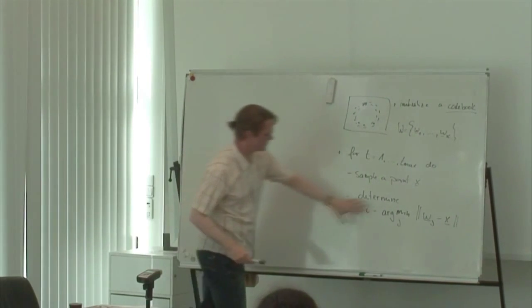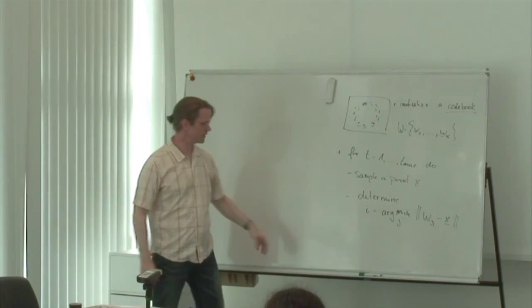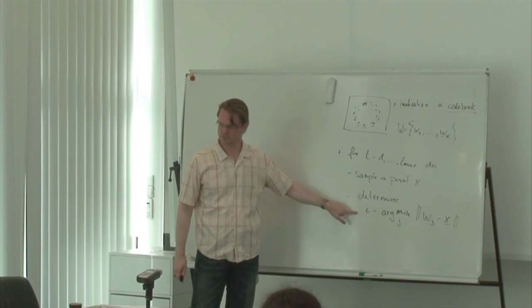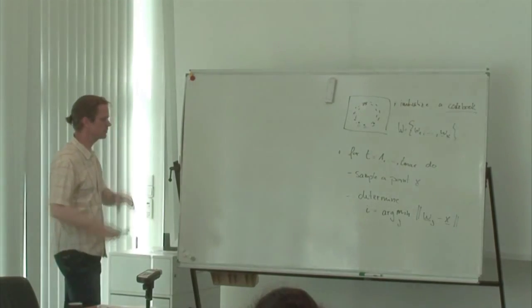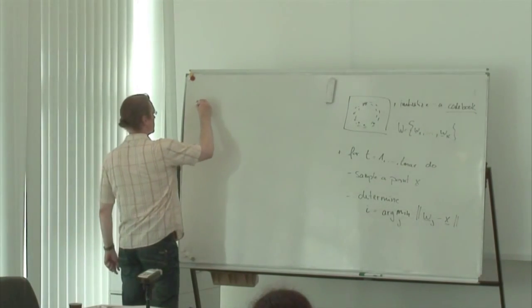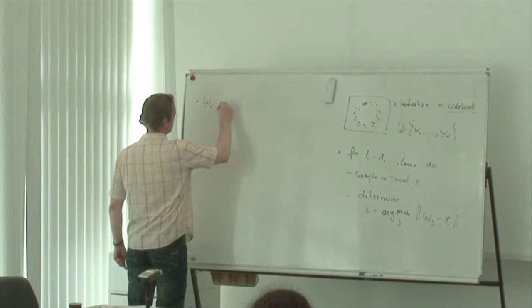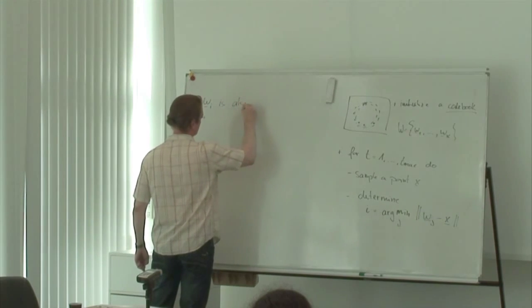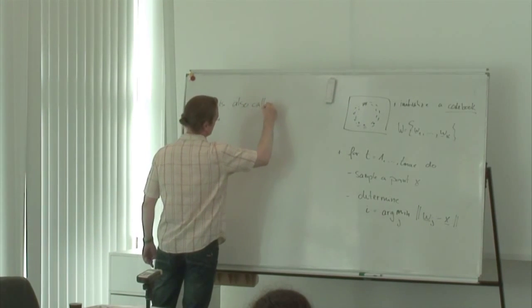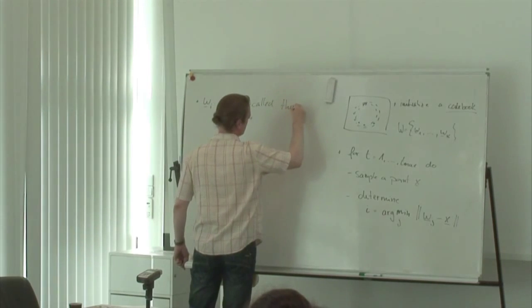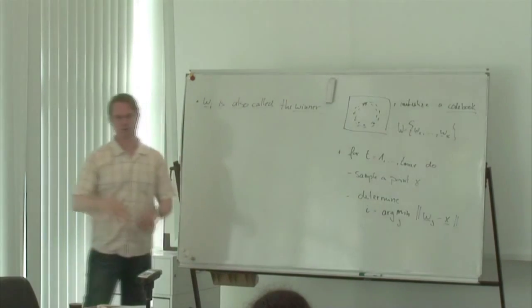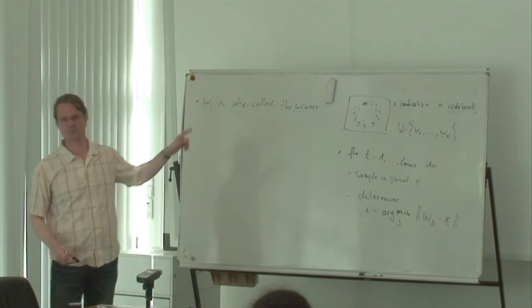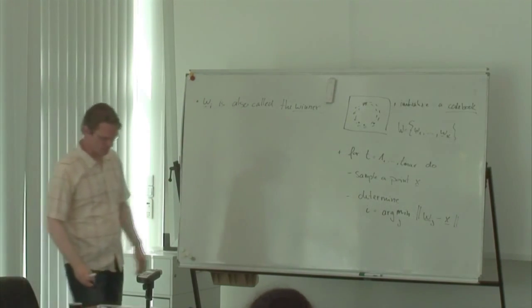In that sense, we have updated this codebook vector. We look at this thing here, at the w_i that will be determined using this expression. We look for the codebook vector that is closest to the current sample point. This w_i is also called the winner. Among all the codebook vectors, this one is the winner because it was closest to where we are.